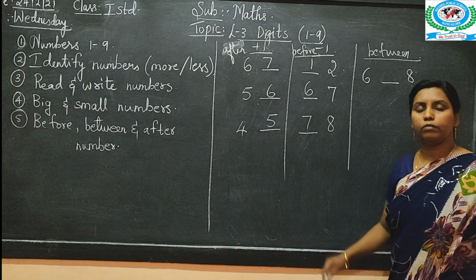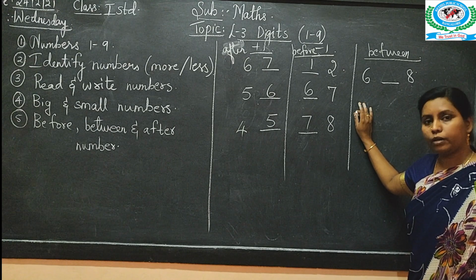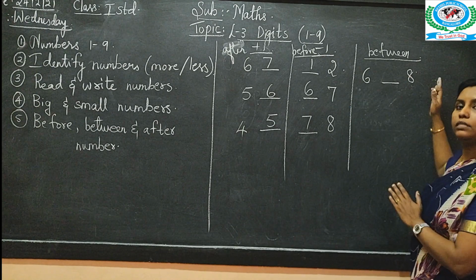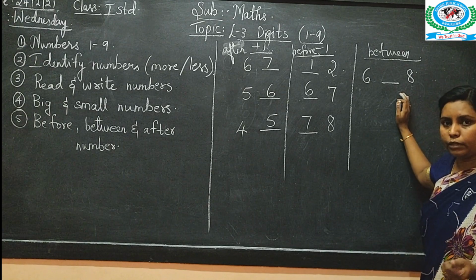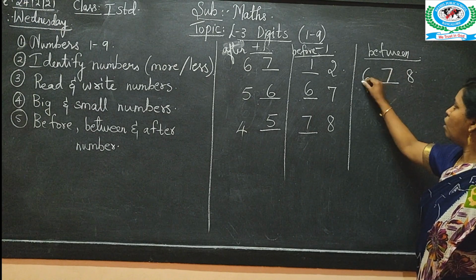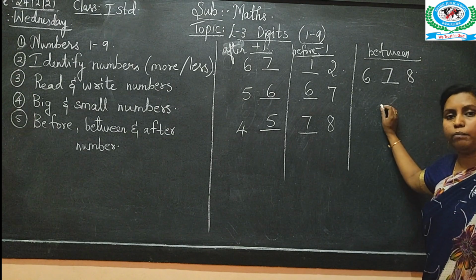What is the number which comes between 6 and 8? Here you can either add 1 to the smaller number or subtract 1 from the bigger number. Which is the easiest method? 6 plus 1 is 7, or 8 minus 1 is 7. You can do both methods.